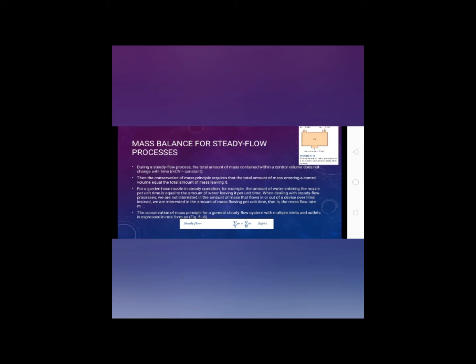When dealing with steady flow processes, we are not interested in the amount of mass that flows in or out of a device over time. Instead, we are interested in the amount of mass flowing per unit time, that is the mass flow rate, m dot.